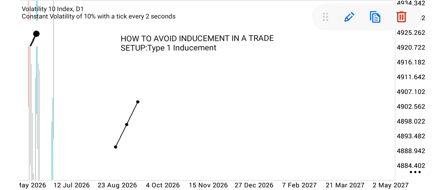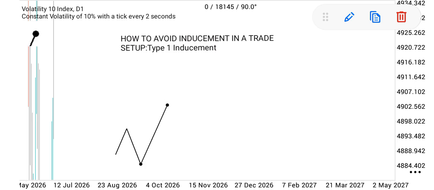We always have our confluences. We first have a sweep of liquidity, then we have a break of structure to the upside.